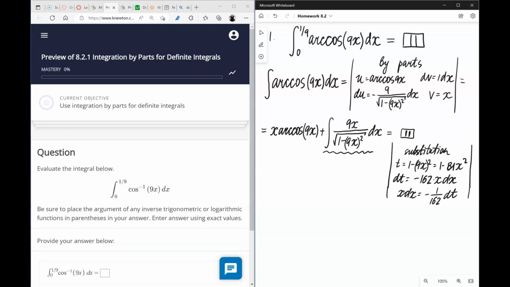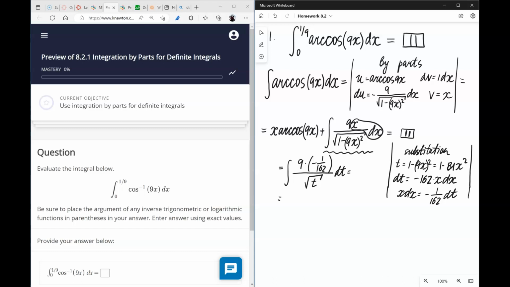And now this integral becomes integral of 9. So instead of x dx, I'm going to write negative 1 over 162 dt. And in the denominator, I have now square root of t. So simplifying this problem, and I guess we can squeeze it in here, what do we have?